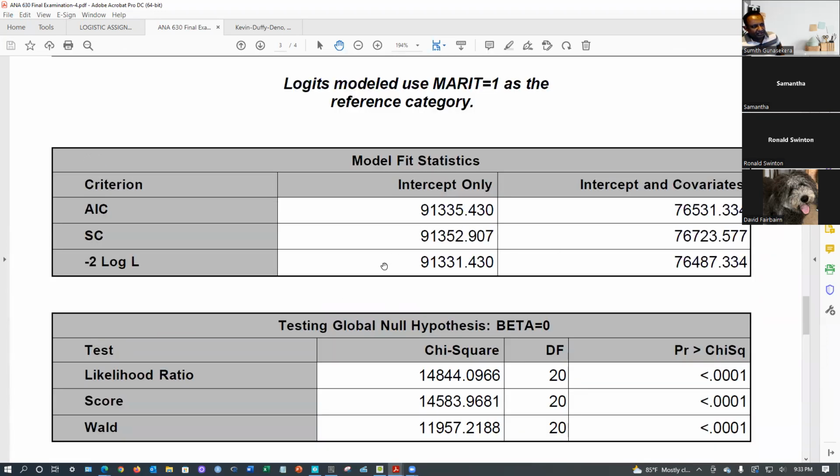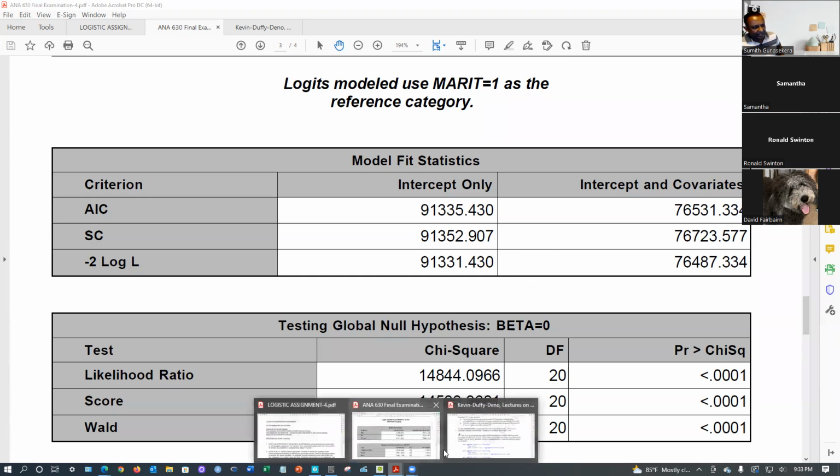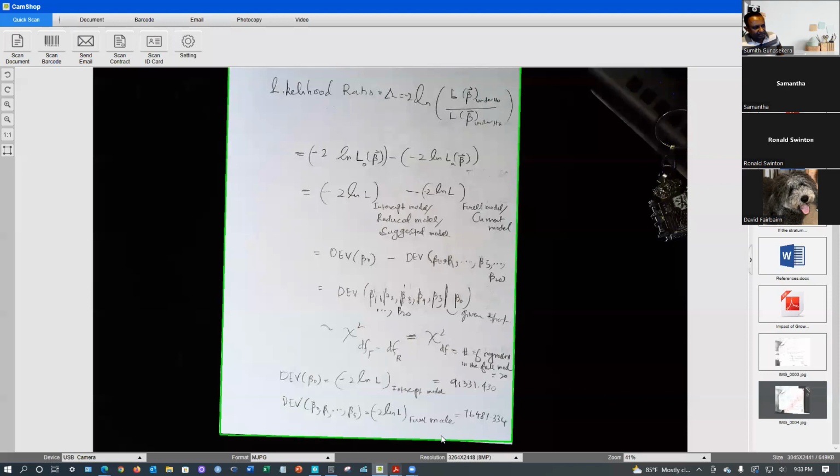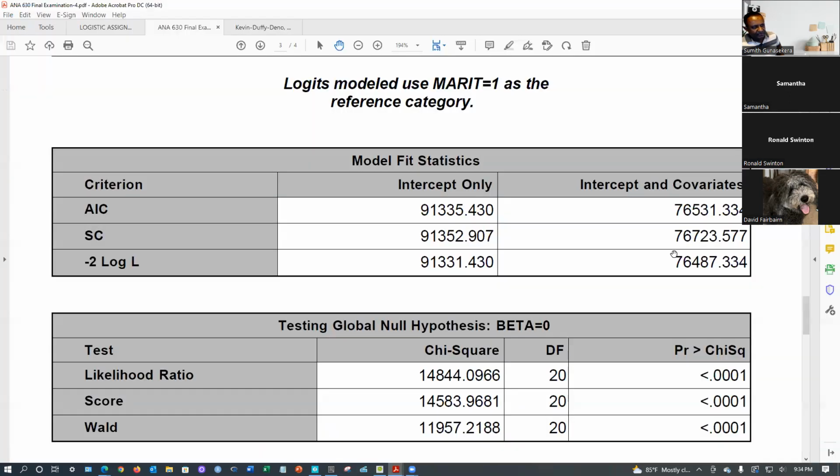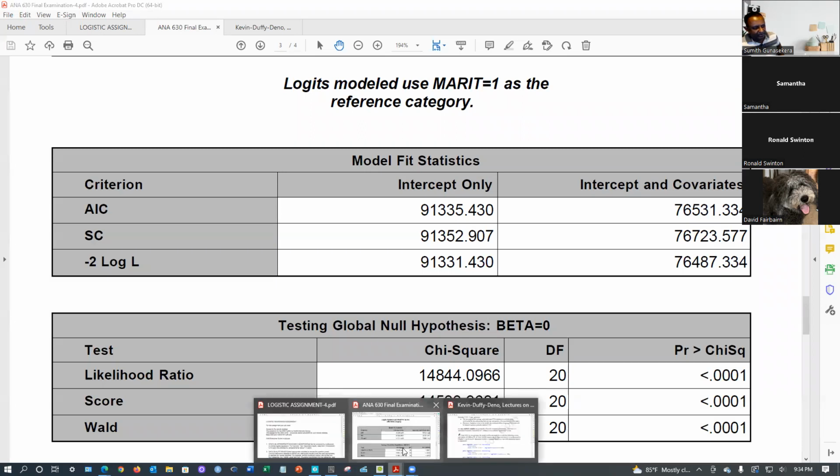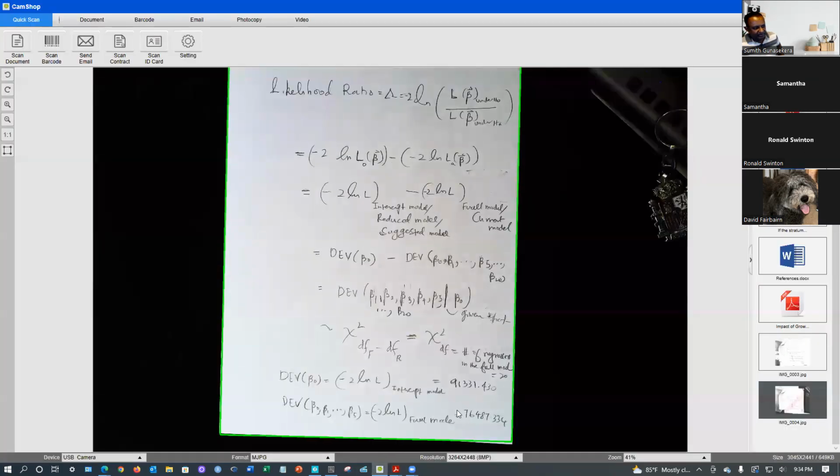For the intercept only model, the deviance is 91,331.430. The deviance of the full model, minus 2 times the log likelihood, is 76,487.334.